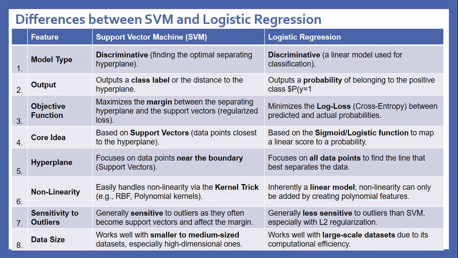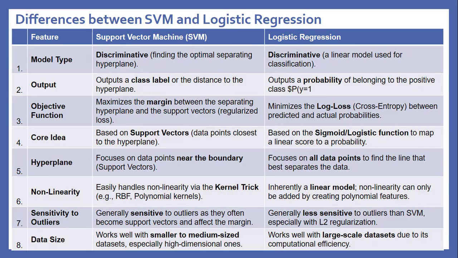Logistic regression is based on the sigmoid logistic function to map a linear score to probabilities. Hyperplane: SVMs focus on the data points near the boundary, the support vectors. Logistic regression focuses on all data points to find the line that best separates the data.